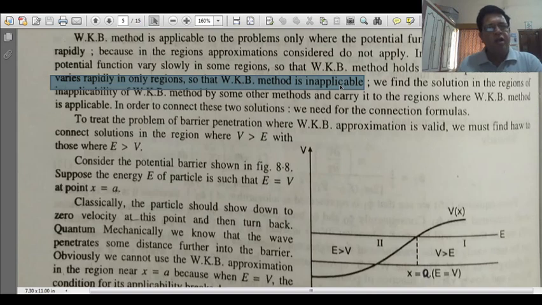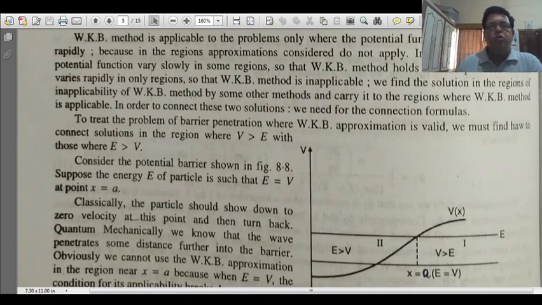There are two kinds of regions. In one region, the WKB method is applicable, where the potential function is slowly varying, and in the second, the potential varies rapidly, where the WKB method is inapplicable. Now, we find the solution in the regions of inapplicability of the WKB method by some other methods. What is our aim?